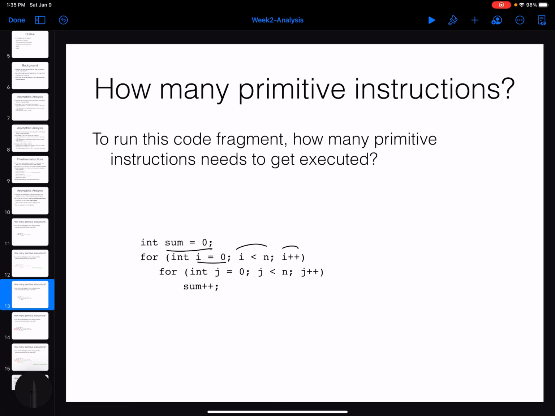But be careful. Why am I saying the number of iterations of the outer loop is going to be n? The reason is that you initialized i to be 0 and you increase i by 1 each time. If your iterator is going to change in a different manner, the number of iterations is going to be different, right? So be careful about that.